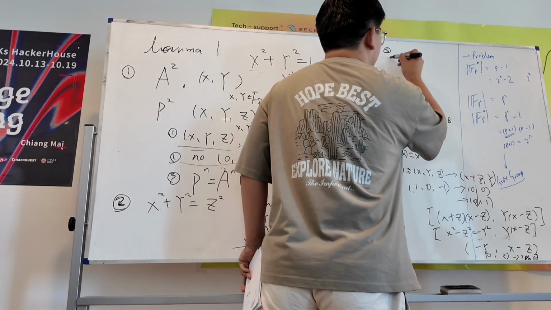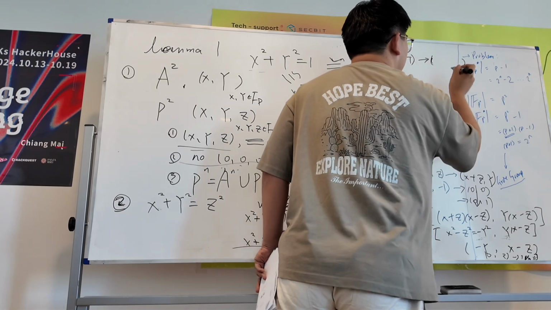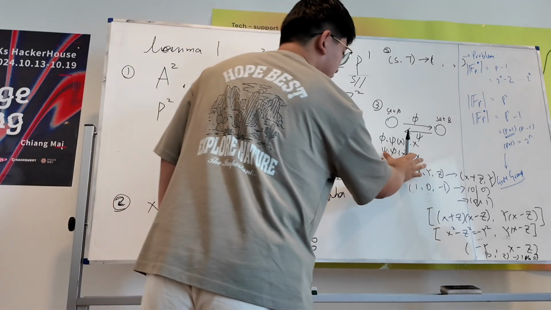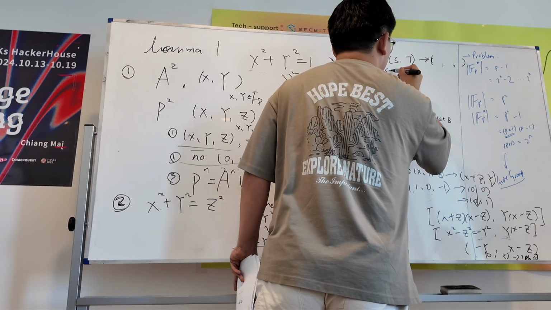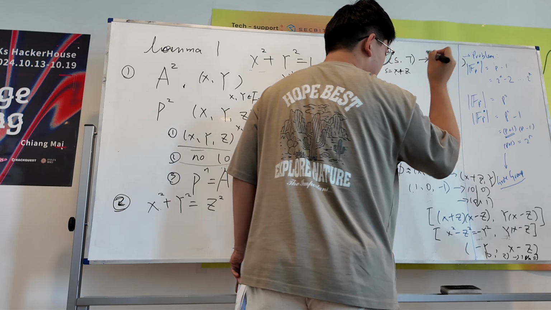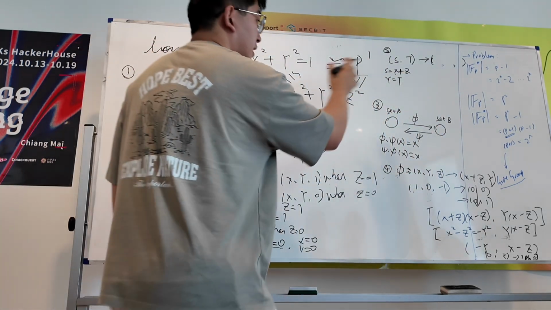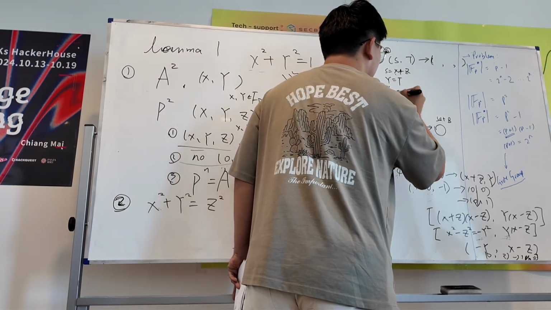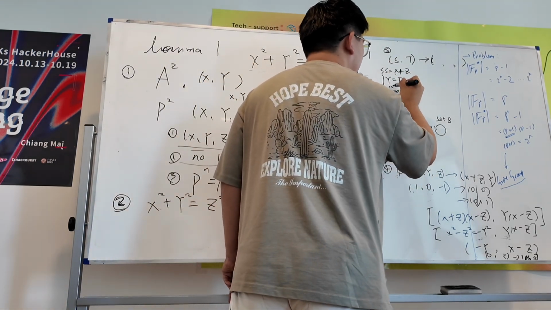So let's say we have s and t. We want to find a map that satisfies this condition. We just let s be equal to 2x plus z and y equals t, and we can solve the equations.